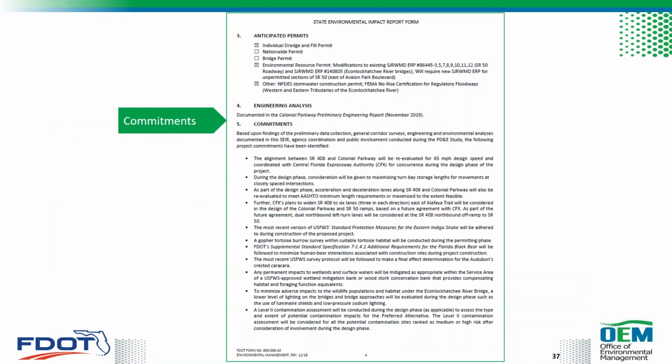The form also includes a section on FDOT commitments, and these are commitments made to others, such as agencies or local governments, and they're made in order to typically advance the project. So as you can see on this project, this section catalogs and discusses all the commitments made on the project prior to and during the PD&E phase.